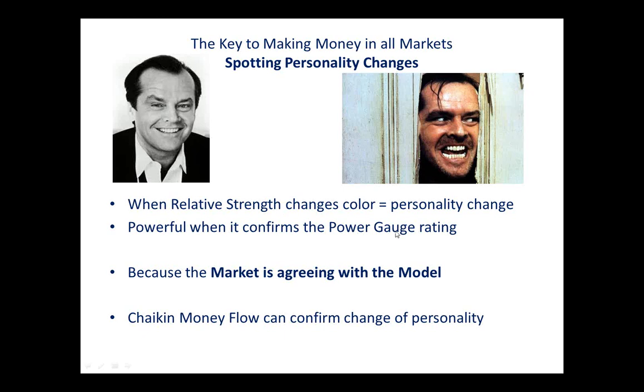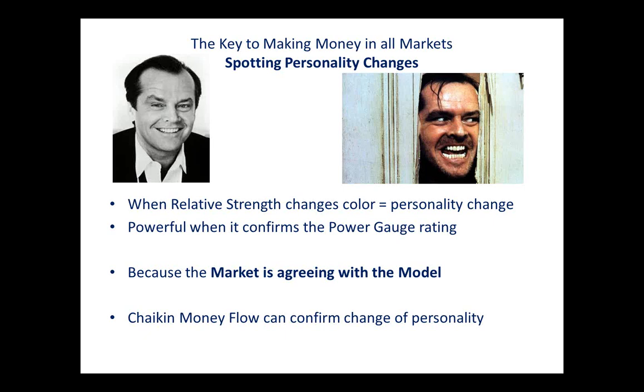You've got the power gauge, which is 85% fundamentally oriented, and you've got relative strength, which is a classic technical indicator. When they're confirming one another, that is when we say the market is agreeing with the model. And as I said earlier, if you see that red all along the bottom of the screen, when the market is agreeing with the model, the stock's a dog, those stocks rarely, if ever, go on that long climb up, and vice versa.